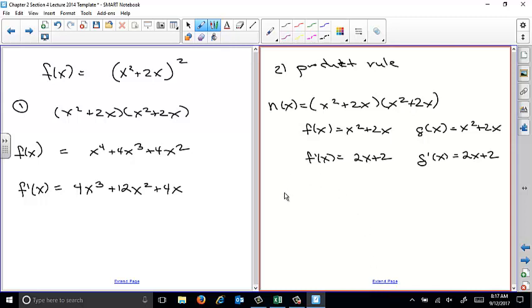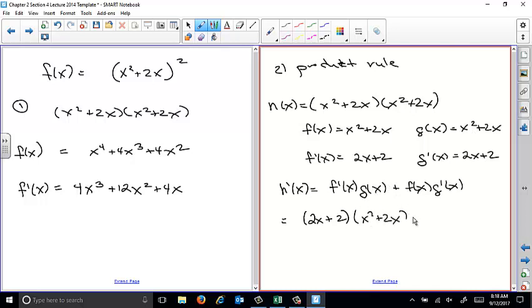And then the product rule says that the derivative of the product is f prime of x times g of x plus f of x times g prime of x. So you stick those in there, 2x plus 2 times x squared plus 2x. So that's my first product. And then I have the same thing again, f of x times 2x plus 2.